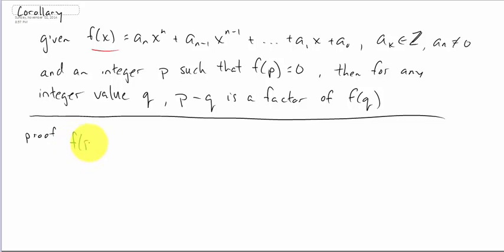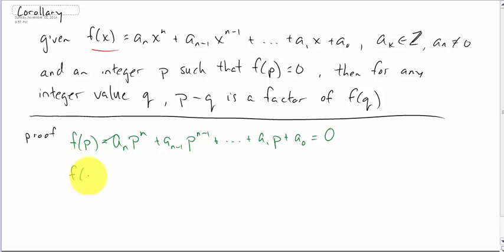f of p is equal to a sub n p to the n plus a sub n minus 1 p to the n minus 1 plus yada yada yada plus a1 p plus a0 equals 0. f of q, that's going to be a sub n q to the n plus a sub n minus 1 q to the n minus 1 plus da da da da da plus a1 q plus a0, and we don't know what that equals. Let's subtract.